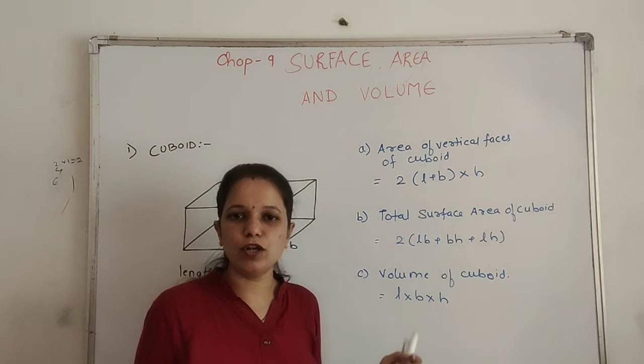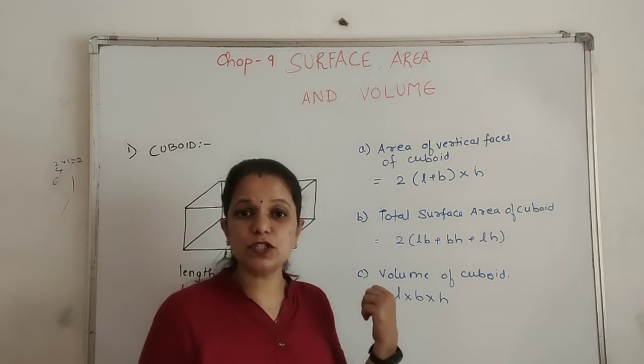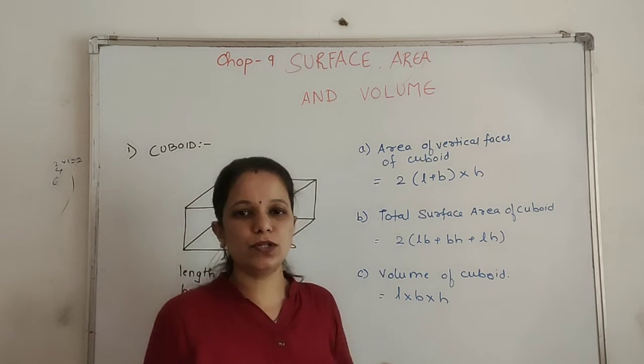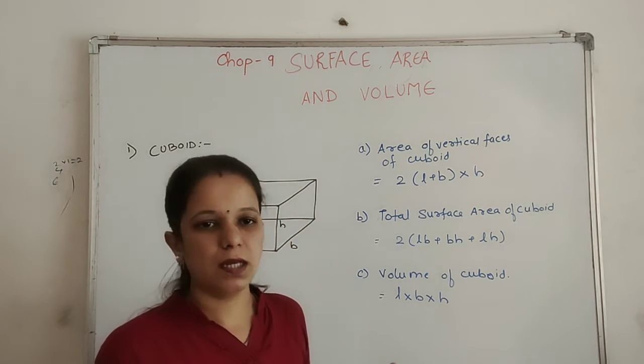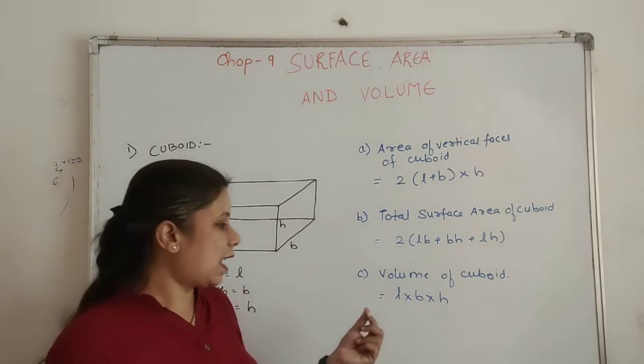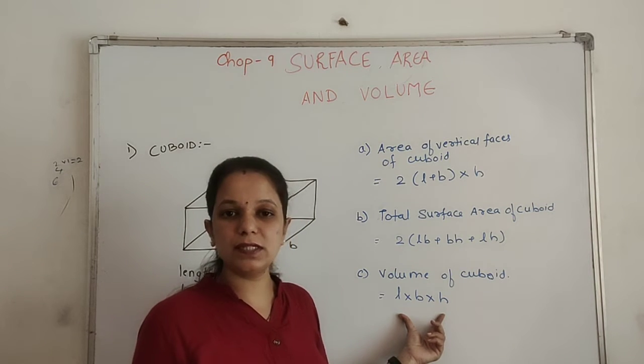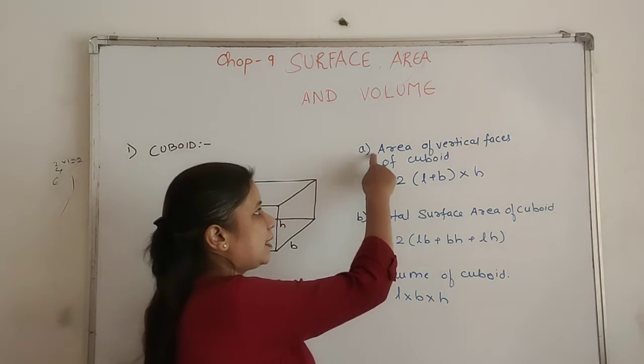And volume. Volume means how much content and how much material we can put in a cuboidal shaped box, that is volume. So you can say capacity of the cuboid, and that is given as L into B into H. Now we will see the units. This is area.